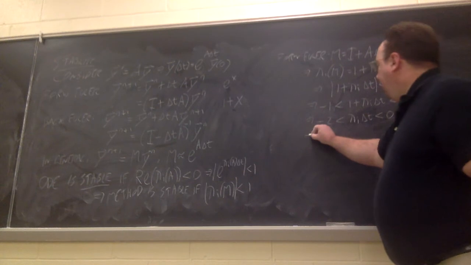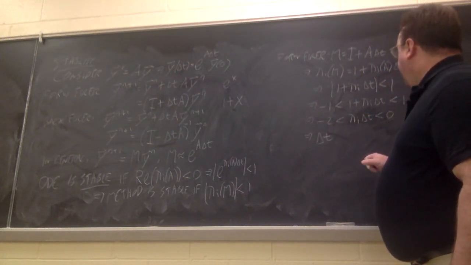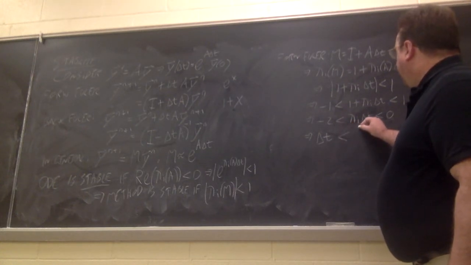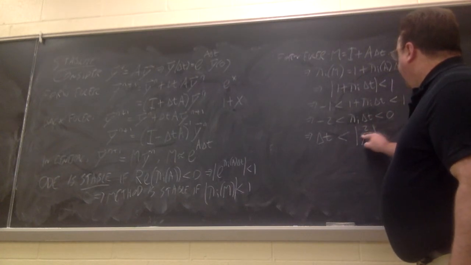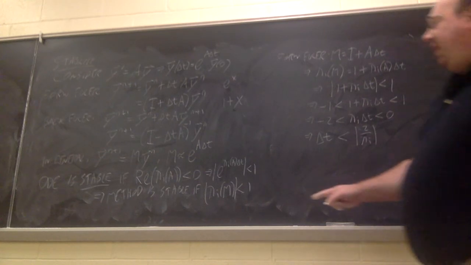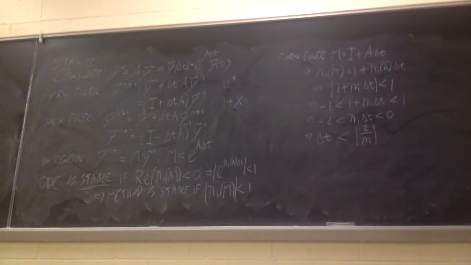So delta t has to be less than, and the eigenvalues of A already have negative real parts. So that's taken as a given.